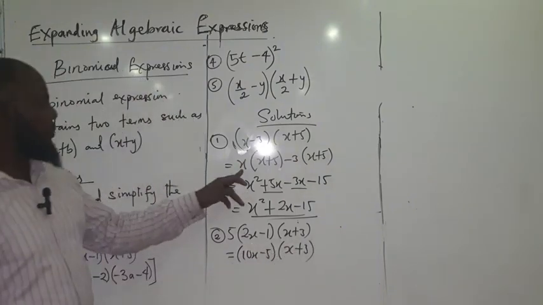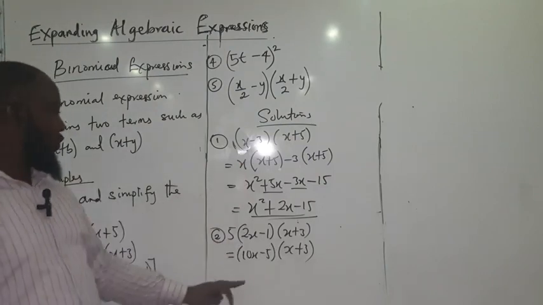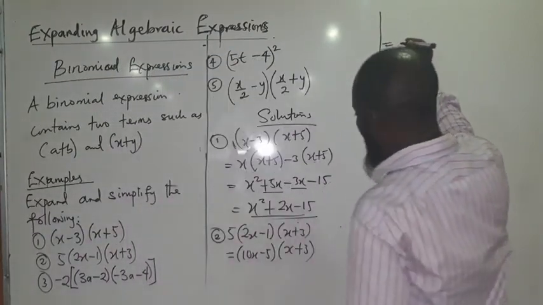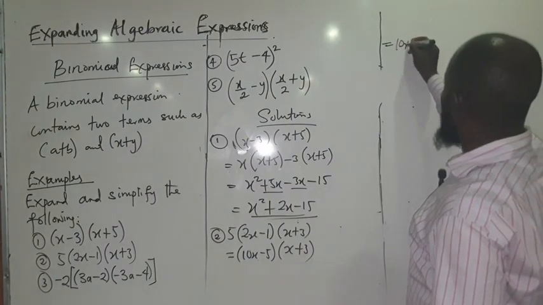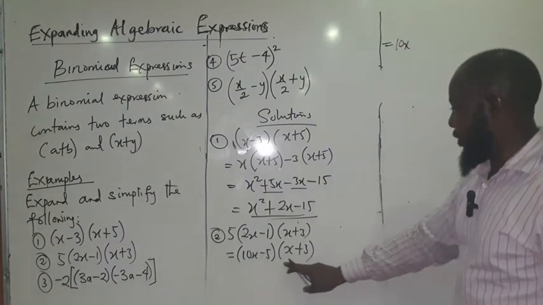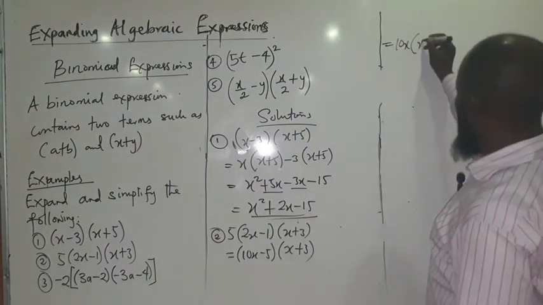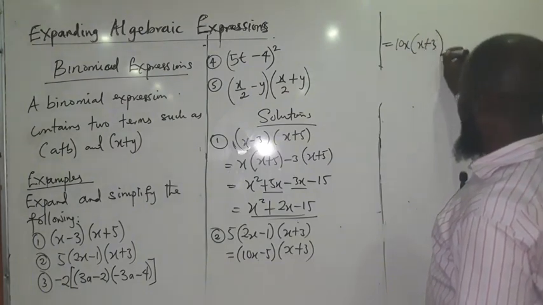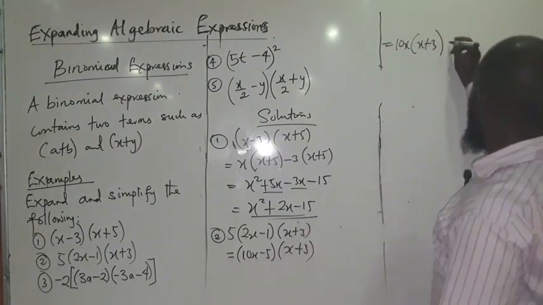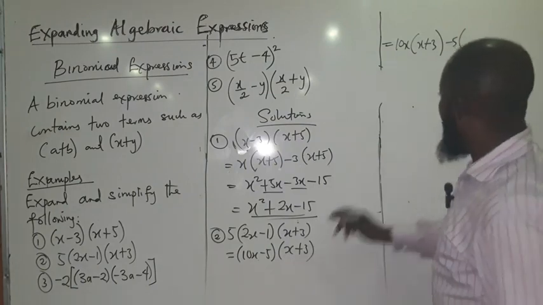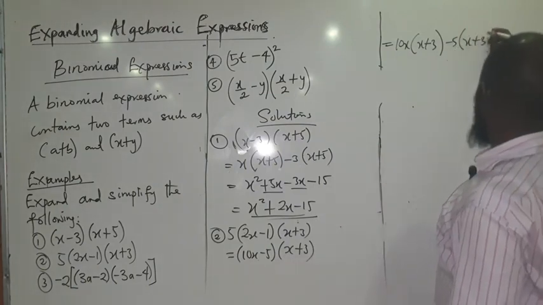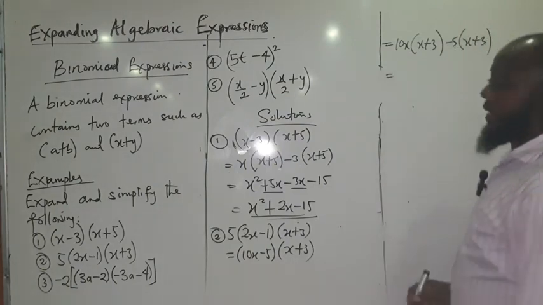So we can then adopt this method to open everything. Which we can have it to be 10x. We use this 10x to multiply everything here into brackets x plus 3. Then we'll pick the next one, minus 5 into bracket x plus 3.